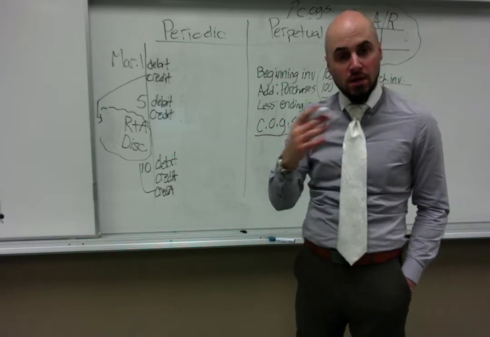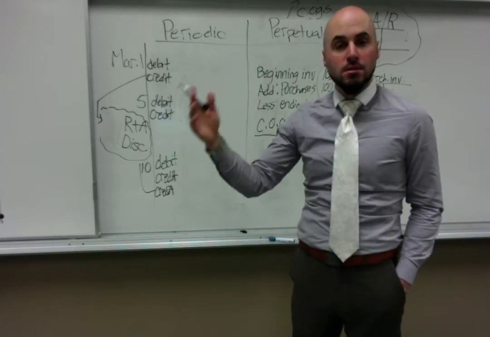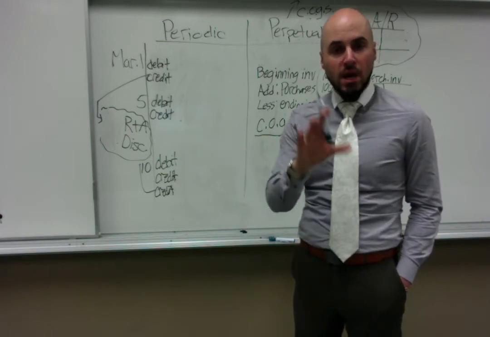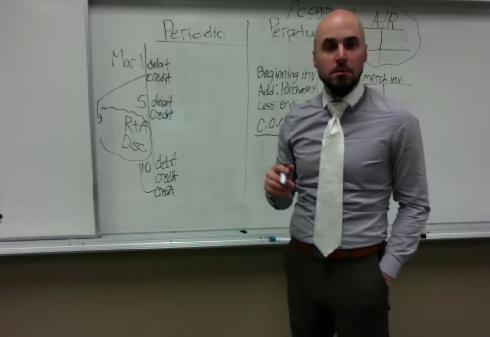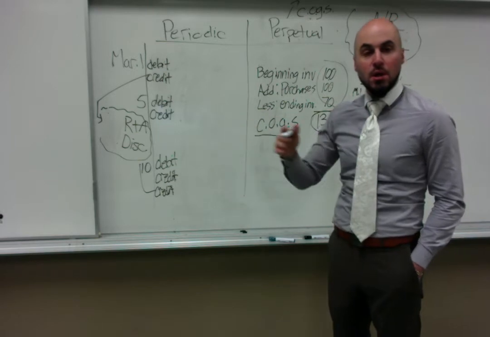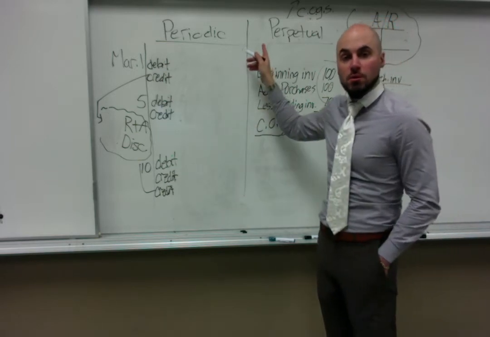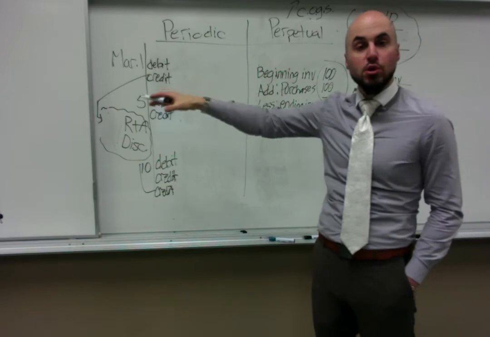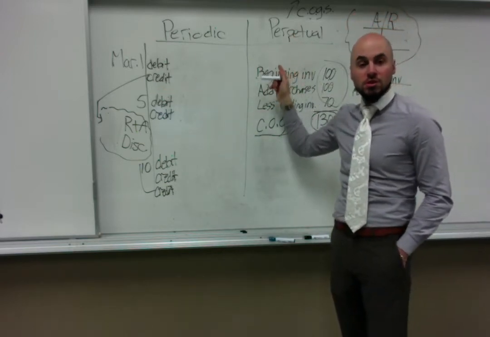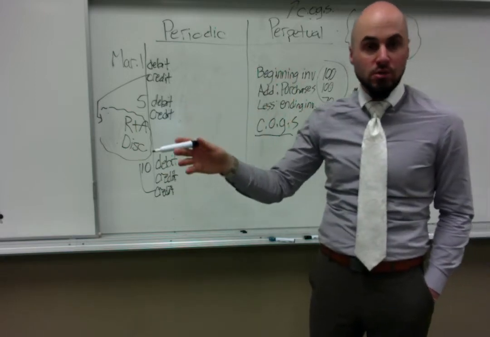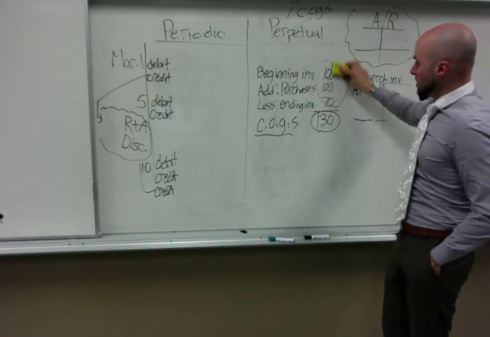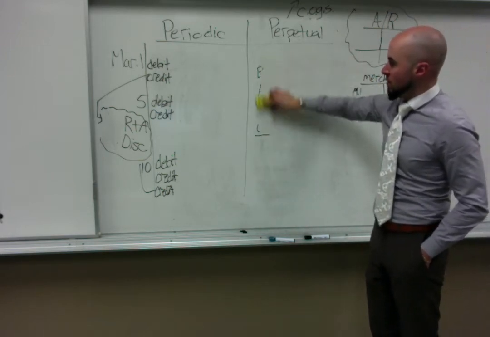And by the way, I'm repeating a lot of this stuff on purpose to hopefully have an effect on you in making your connections with the distinctions between the two. Merchandise inventory was the association when we're doing the purchasing entries. Cost of goods sold is the association to the perpetual system when doing the sales entries. Okay? So we'll erase this. Cost of goods sold. Now you have an idea what that means.